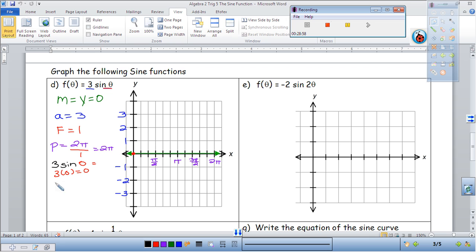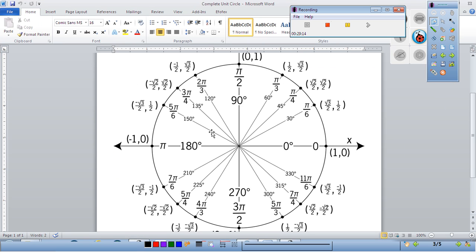We're going to do 3 times the sine. Next we're going to do is pi over 2. Go back here. At pi over 2, what's the sine, class? What is it, class? 1.